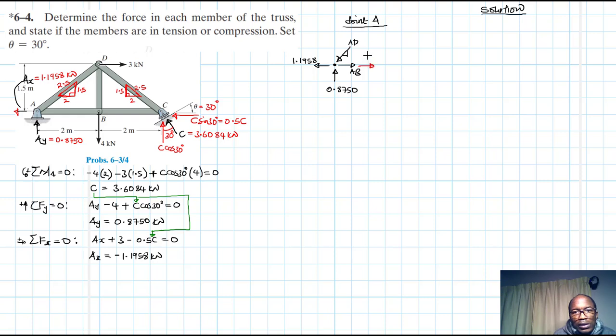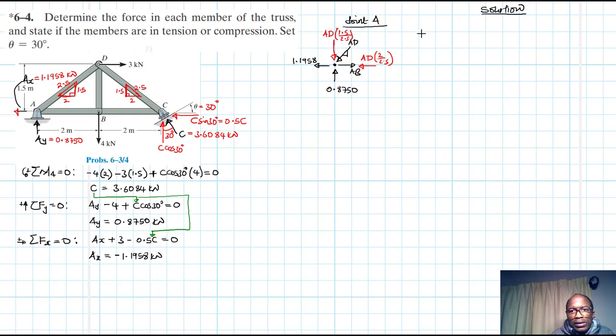This one is going to be equal to AD by the run 2 divided by 2.5. They are supposed to point inwards. Then the other one is AD by 1.5 divided by 2.5.